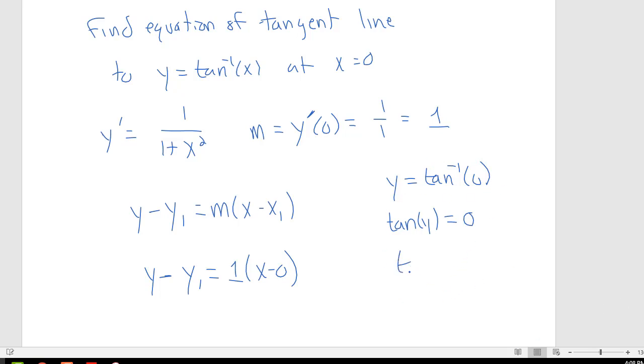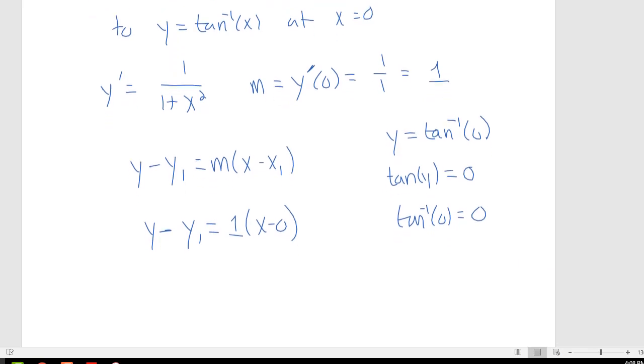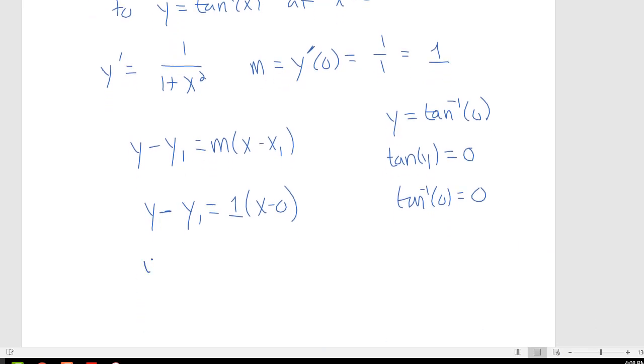So inverse tangent of 0 is 0. So I have in my tangent line y minus 0 equals 1 times x minus 0, and we get y equals x as the equation of our tangent line.